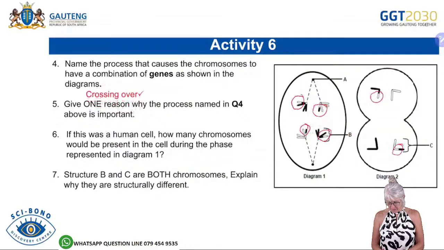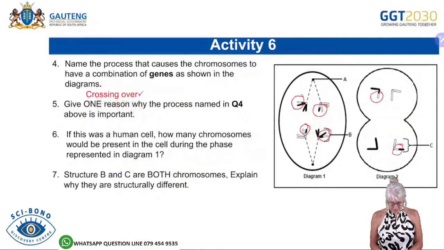In fact, the significance of genetic variation is it allows species to survive better, gives a population, if not every single individual, better survival ability. Because as soon as we get some kind of a disease and everybody has exactly the same genetics, then if one dies, they're all going to die. Okay, so that is why crossing over is so important.